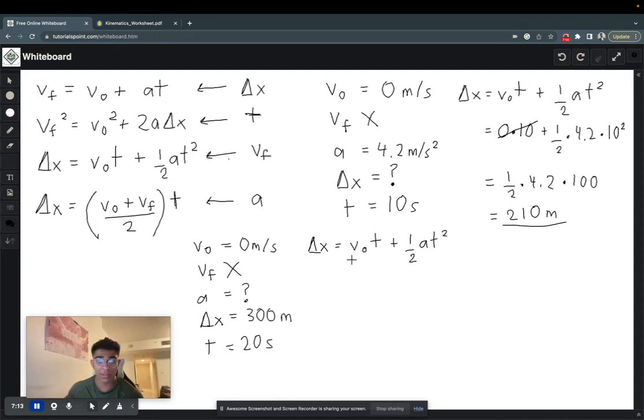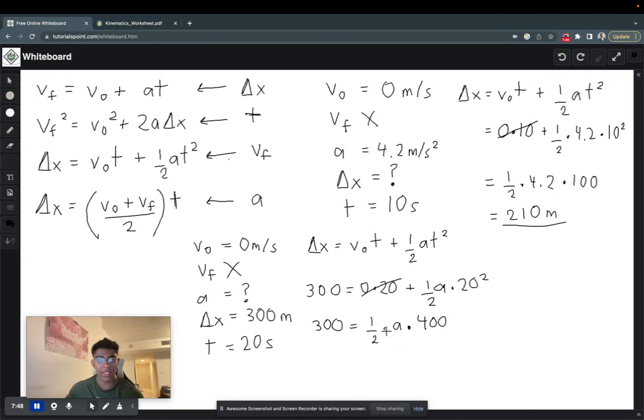Let's plug in our values. 300 equals 0 times 20 plus 1/2 acceleration times 20 squared. 0 times 20, we can cross that out. So we're left with 300 equals 1/2 times acceleration times 20 squared, which is 400.